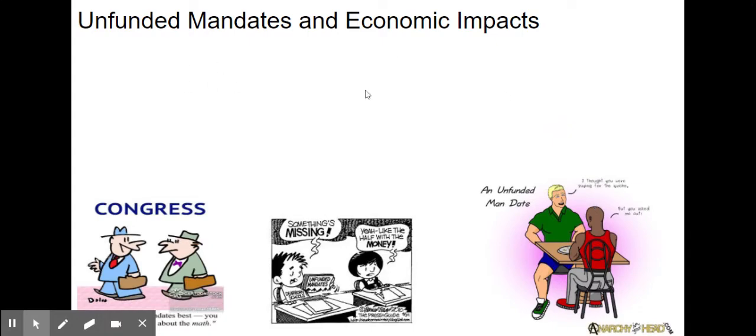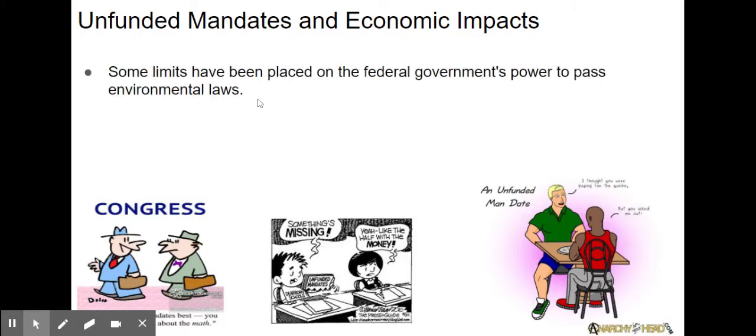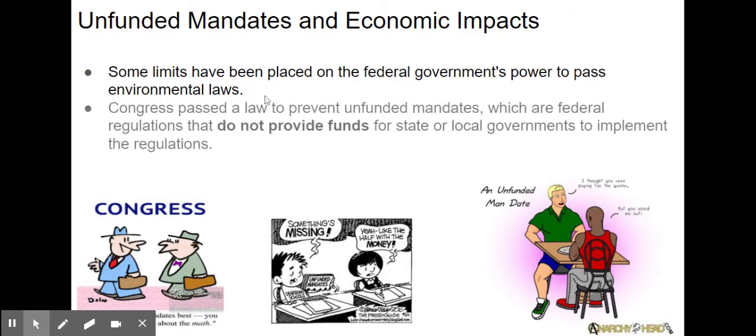Unfunded mandates and economic impacts. Some limits have been placed on the federal government's power to pass environmental laws. Congress passed a law to prevent unfunded mandates, which are federal regulations that do not provide funds for state or local governments to implement the regulations.